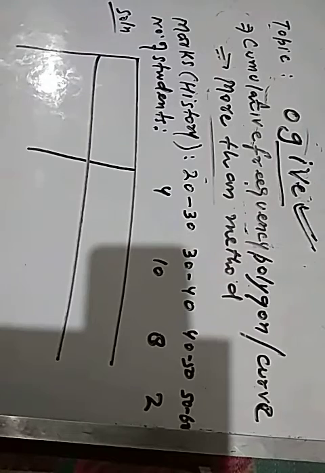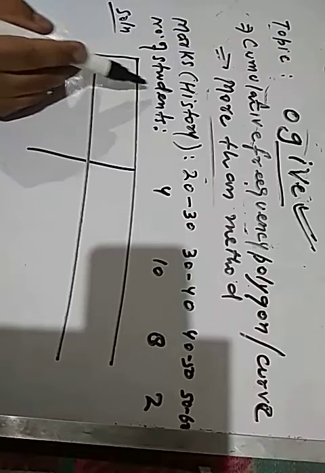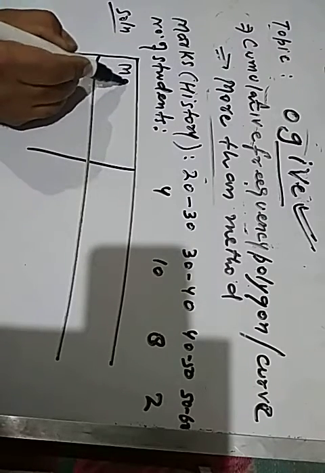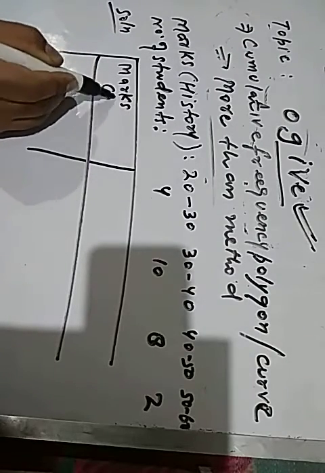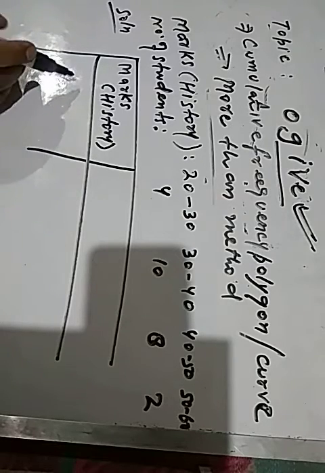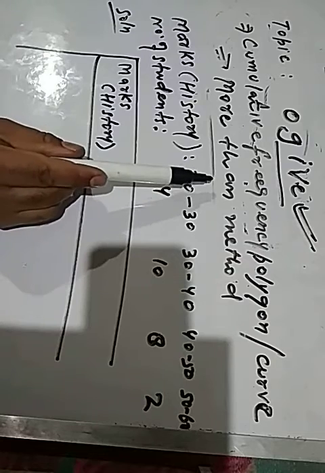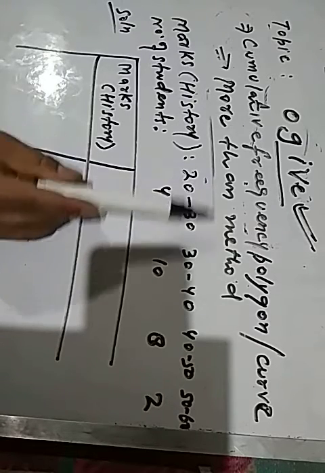In the first column, I am looking at the value of variable, which is marks in history, 20 to 30, but we are learning more than method.